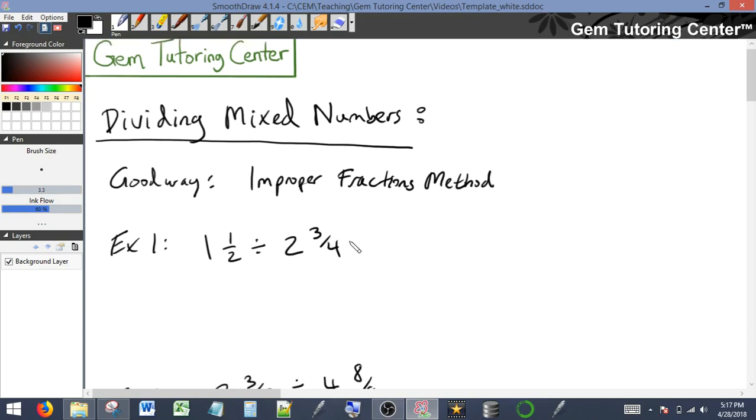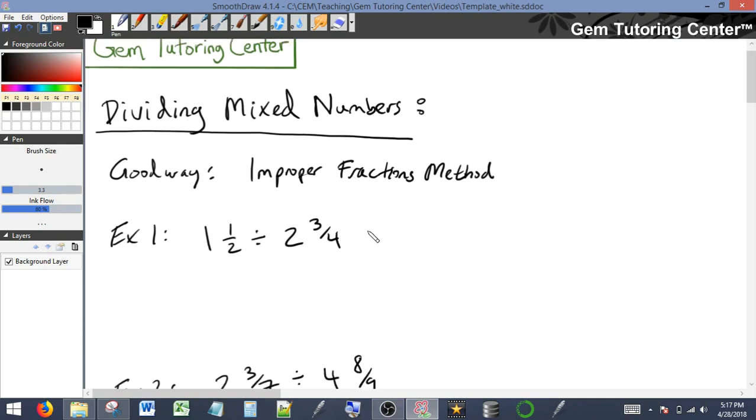So first, in this first example, we're going to change these to improper fractions. The first one is going to be changed to 3/2, and the second one is going to be 8 plus 3/4, which is 11/4.